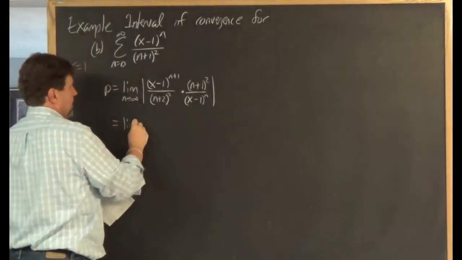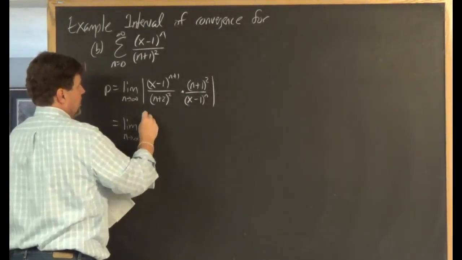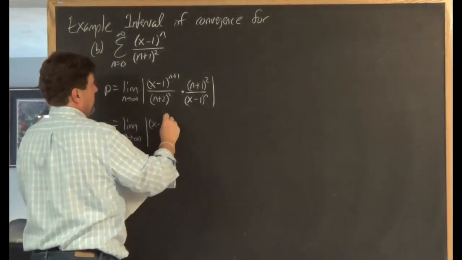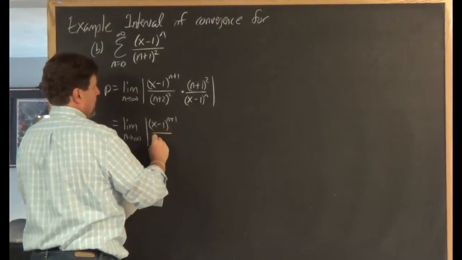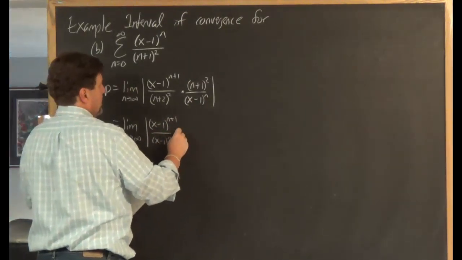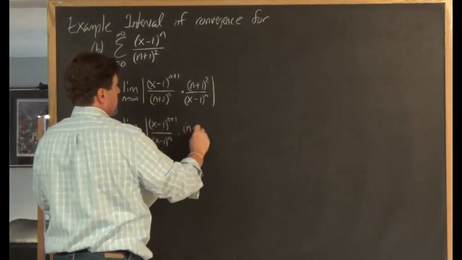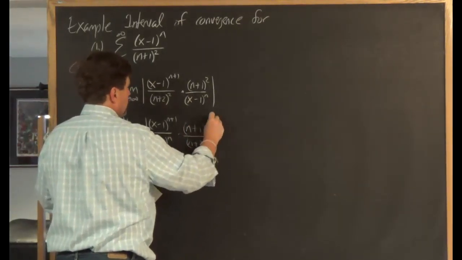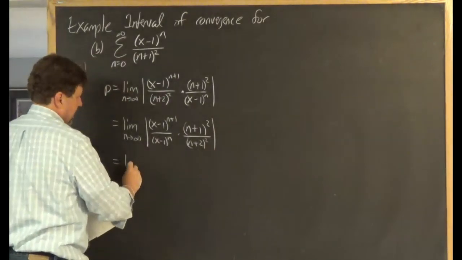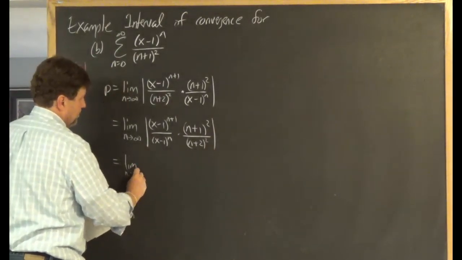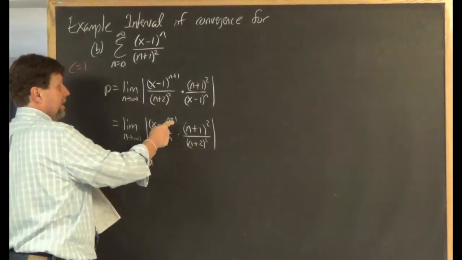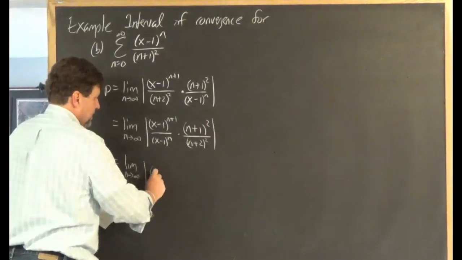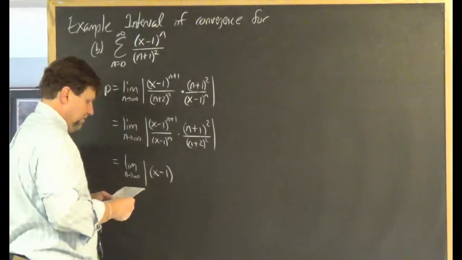So we have the limit as n goes to infinity of (x minus 1) to the n plus 1 over (x minus 1) to the n, times (n plus 1) squared over (n plus 2) quantity squared. Well, (x minus 1) to the n plus 1 divided by (x minus 1) to the n simplifies to just x minus 1.